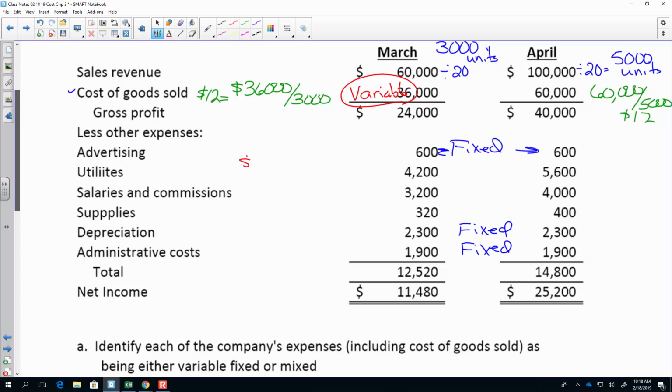You do the same thing for the others. I think it's $1.12, right? So for utilities, is that variable? I've got 120 and 112. So what must it be then? Mixed.